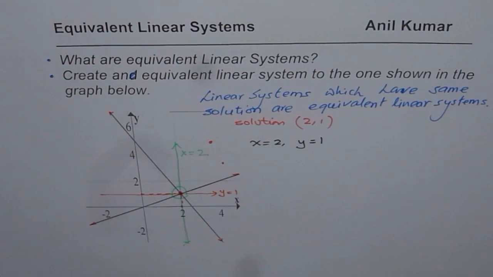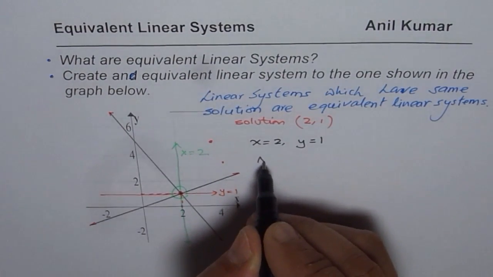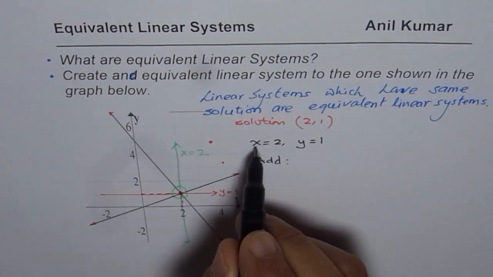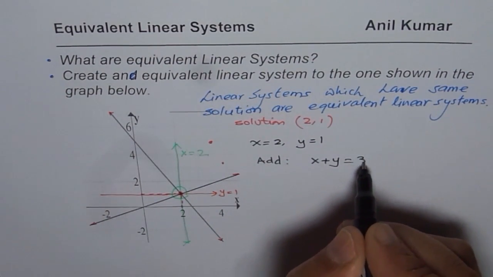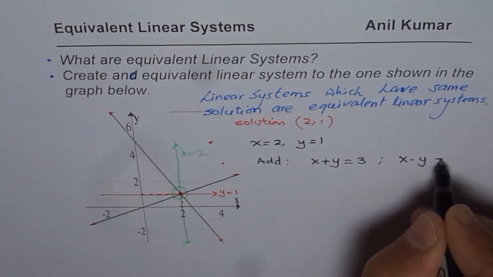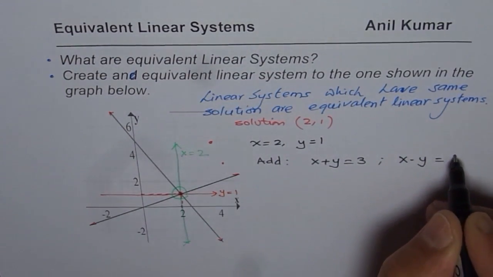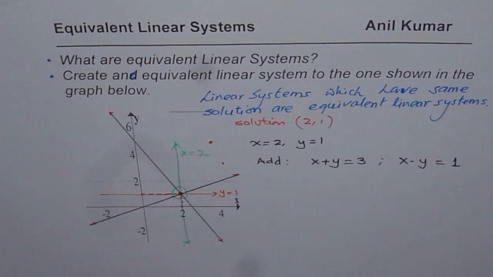Now we can actually create more linear systems. One way is to add and subtract these two equations. If you add them, you get x plus y equals 2 plus 1, which is 3, and the other equation becomes x minus y equals 2 minus 1, which is 1. That becomes another linear system whose solution will be (2, 1). Let us check.